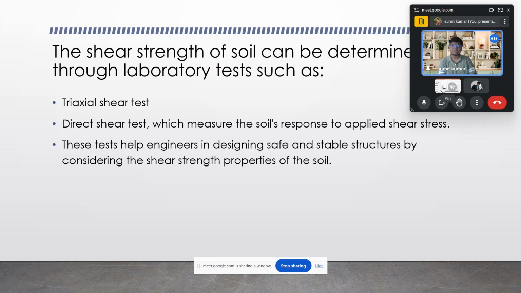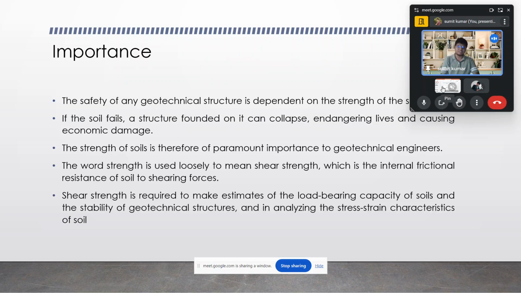We talked about the different types of tests, like the tri-axial test, direct shear test, and vane shear test, which we perform to reach a specific outcome. We also talked about why understanding shear strength is important, and how we can achieve it.